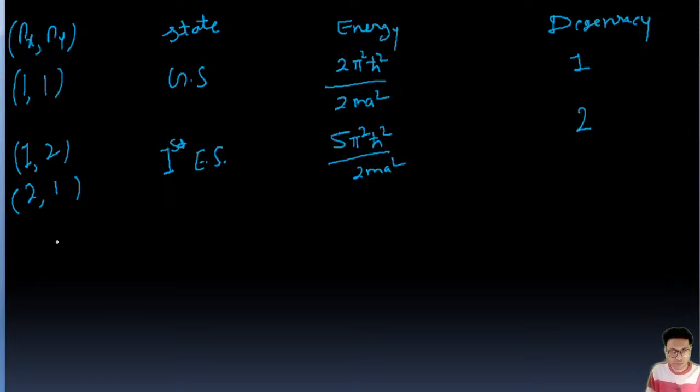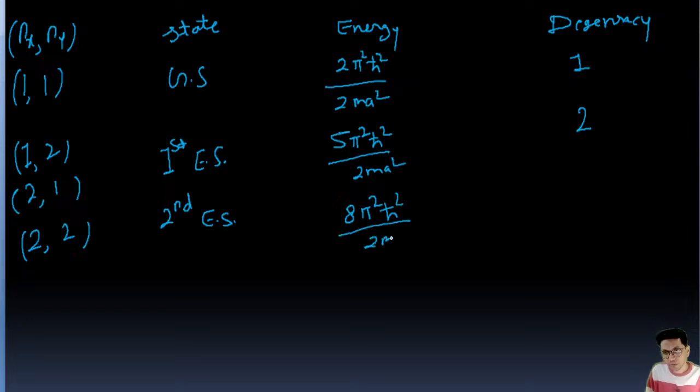Now for second excited state, it is going to be 2 comma 2, and the energy is going to be 4 plus 4, 8 pi square h cut square upon 2ma square, and degeneracy is going to be 1.